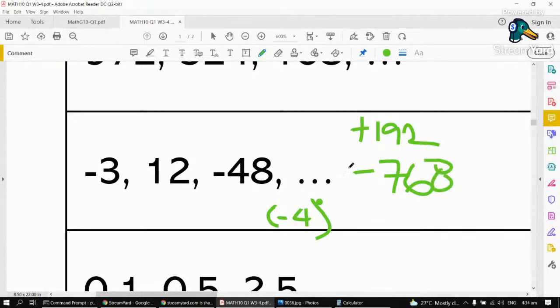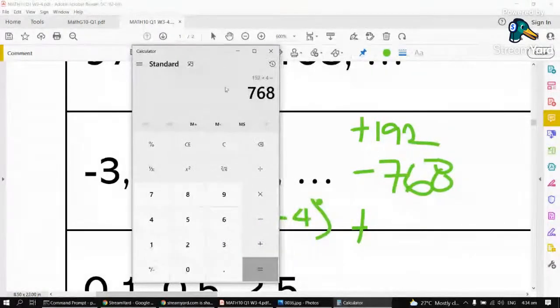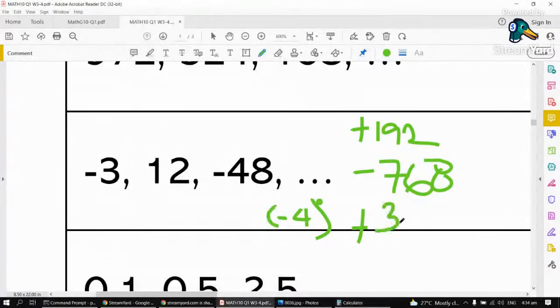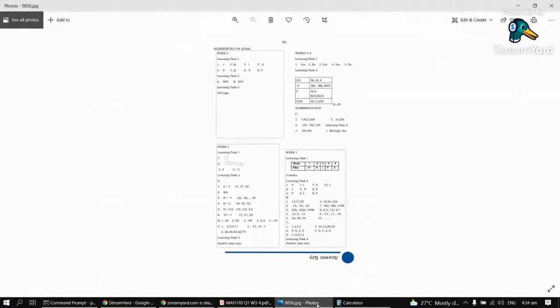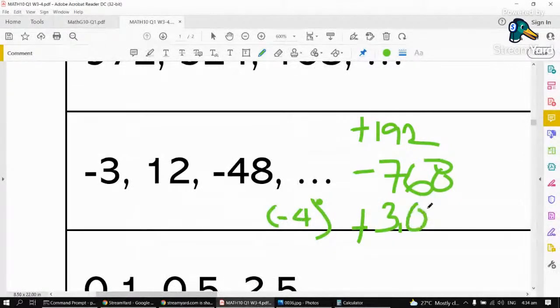Okay, and then the next number is negative 768 times negative 4, negative times negative is equal to positive, and 768 times 4 is equals to 3,072.